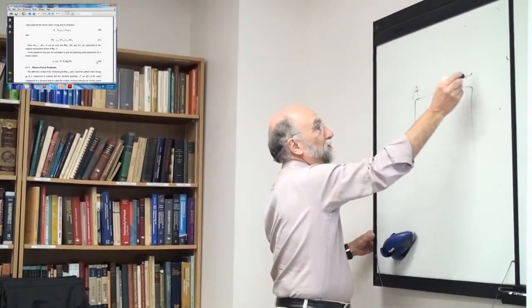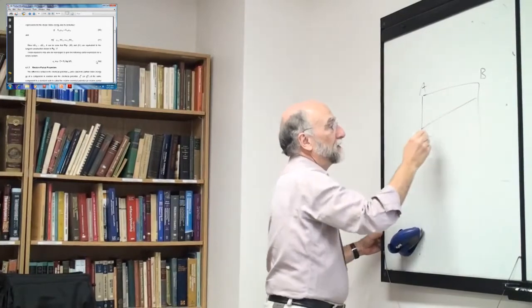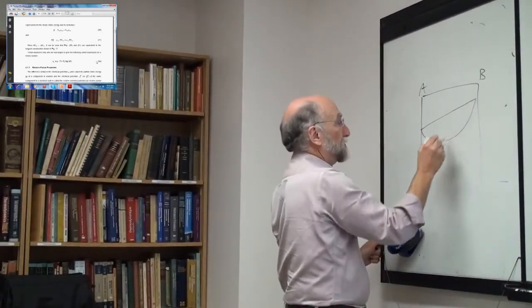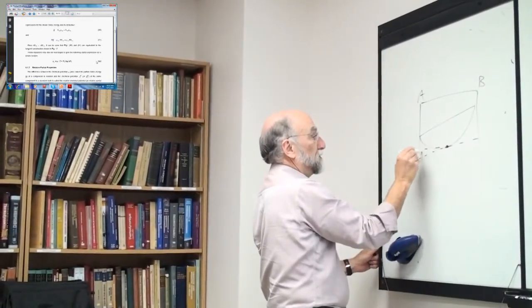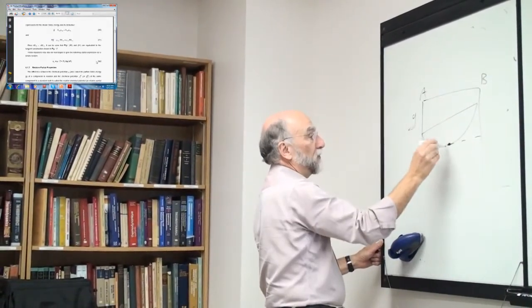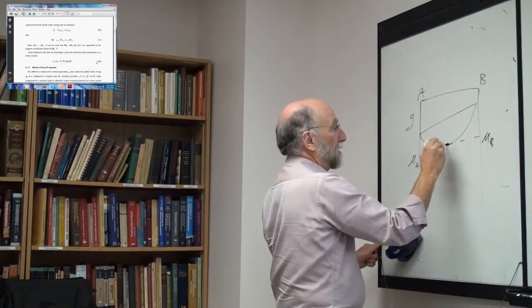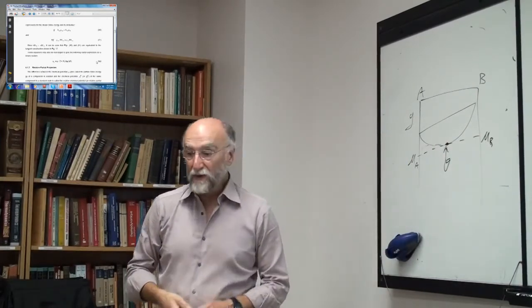And here you have a system A, B, and here you have your tangent construction. This point here then gives you G. This gives you G at this point here. This gives you mu A, this gives you mu B, and this value here is G, the Gibbs energy at that particular point.